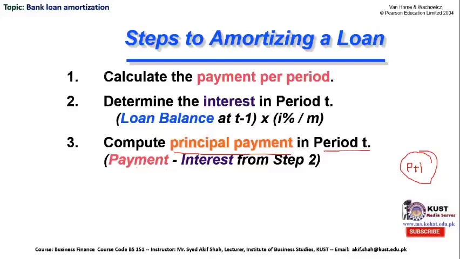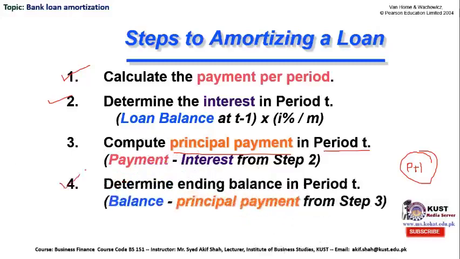So the total payment calculated in the first step minus the interest calculated in the second step will give you the principal amount which Julie Miller is going to pay back to the bank.